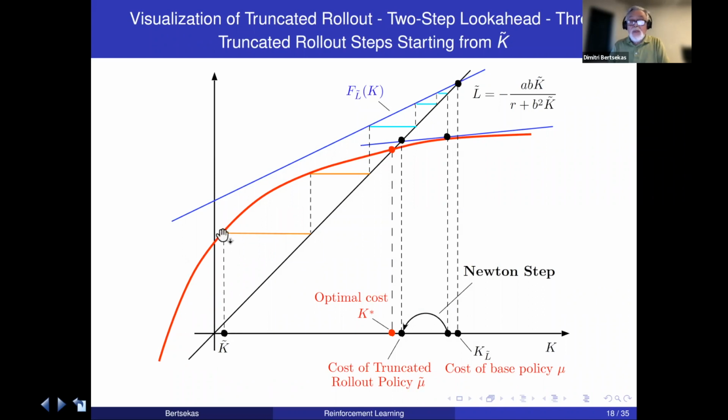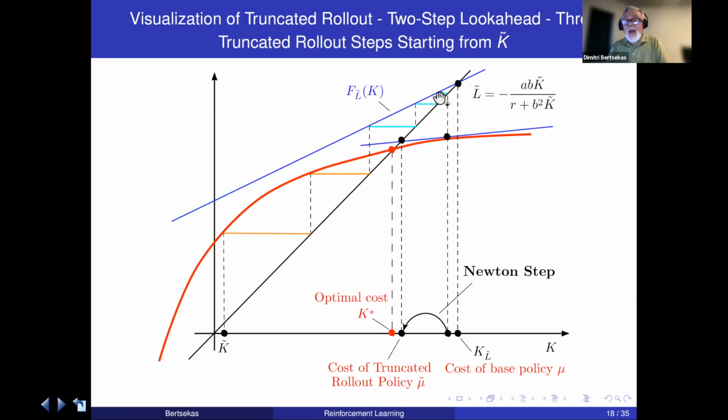We do look ahead minimization for two steps, 1, 2, and then we do truncated rollout with a stable policy. Now, the line corresponding to the stable policy is some linear line that has slope less than 45 degrees. And from this point, we do the 3 rollout steps, and we get to this point.